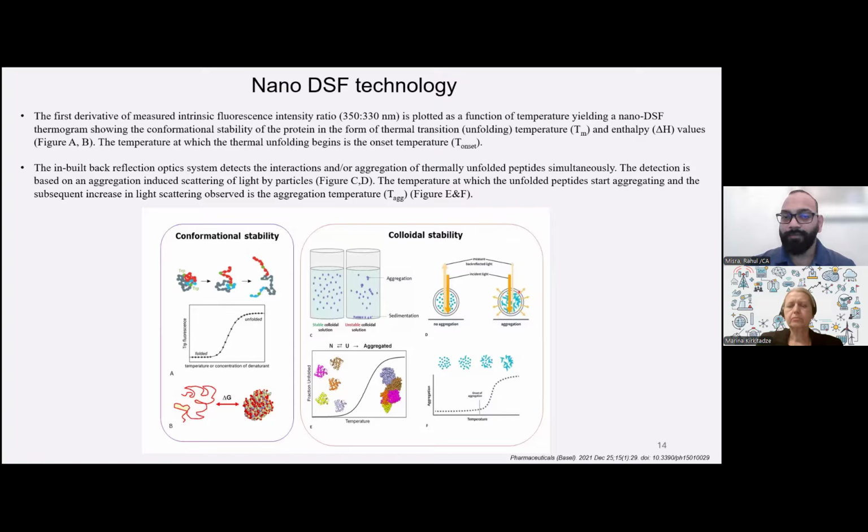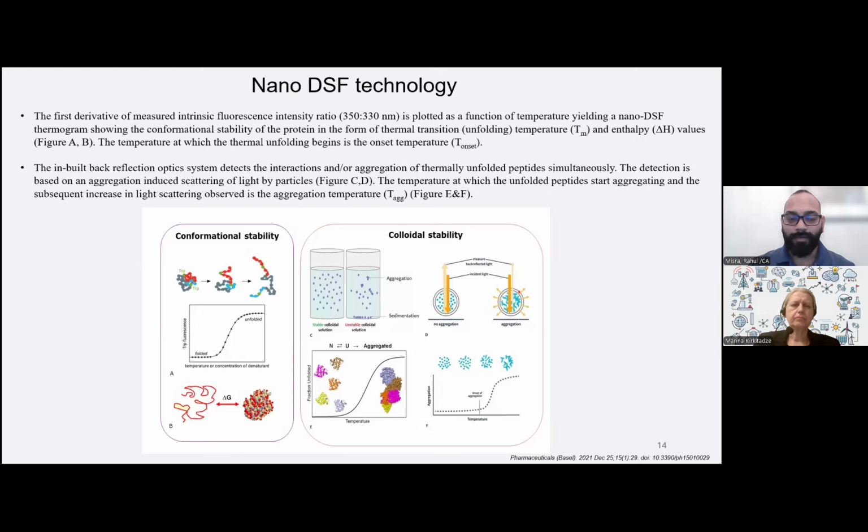DSC works on the change in heat capacity during the thermal ramp, or during the thermal unfolding of a protein. When a protein is unfolded, the energy required to go from the folded state to the unfolded state is measured as a heat capacity by DSC. While DSF works on the change in intrinsic fluorescence.